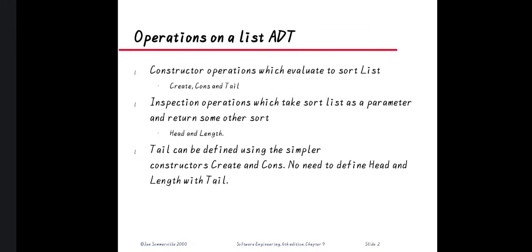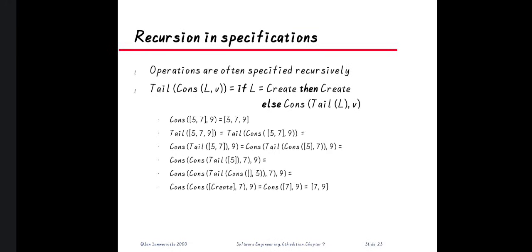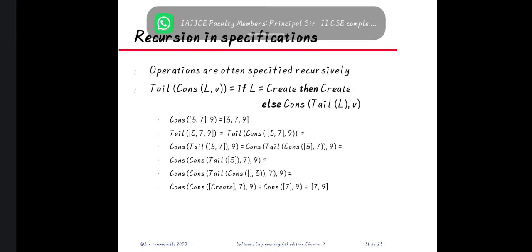No need to define head and length with the tail. Recursion specifications. Operations are often specified recursively. Tail of cons(L, v) is equal to if L equals create, then create, else cons(tail(L), v).